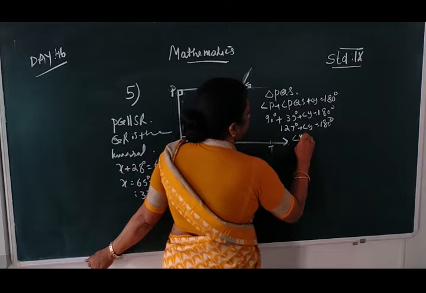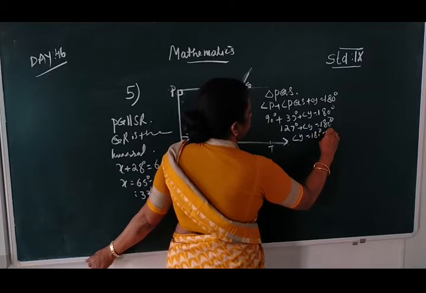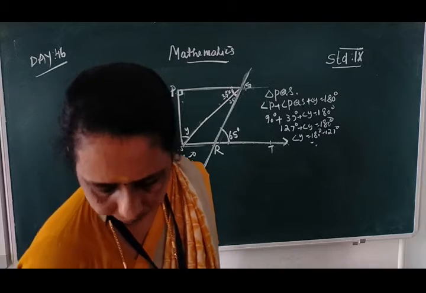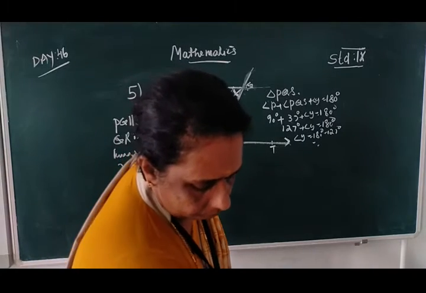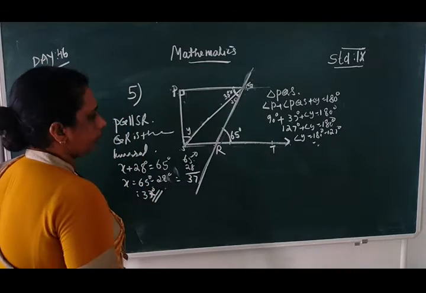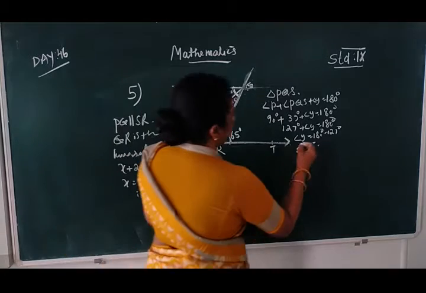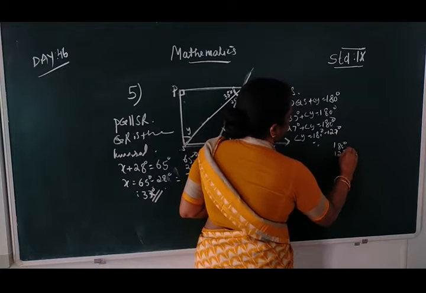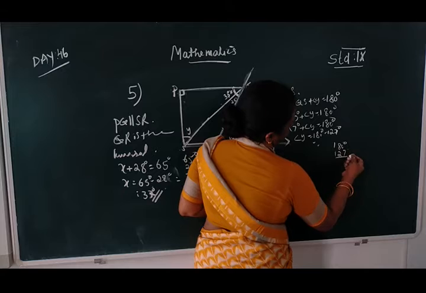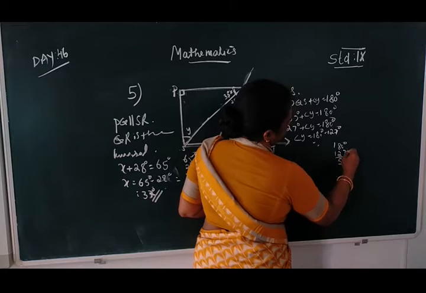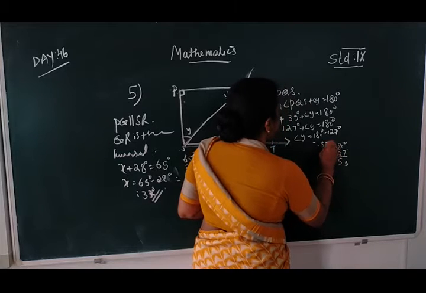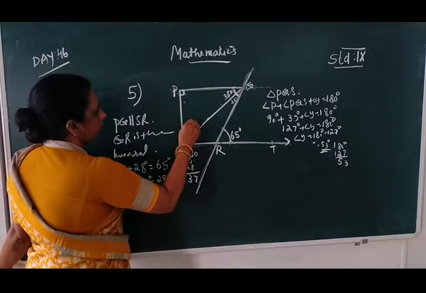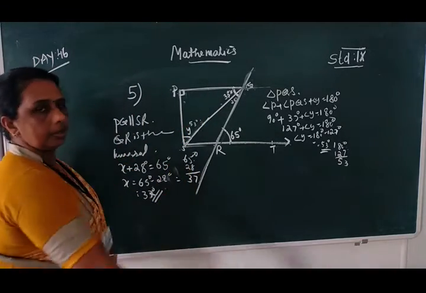Therefore, angle Y is equal to 180 degrees minus 127 degrees. We get 53 degrees.